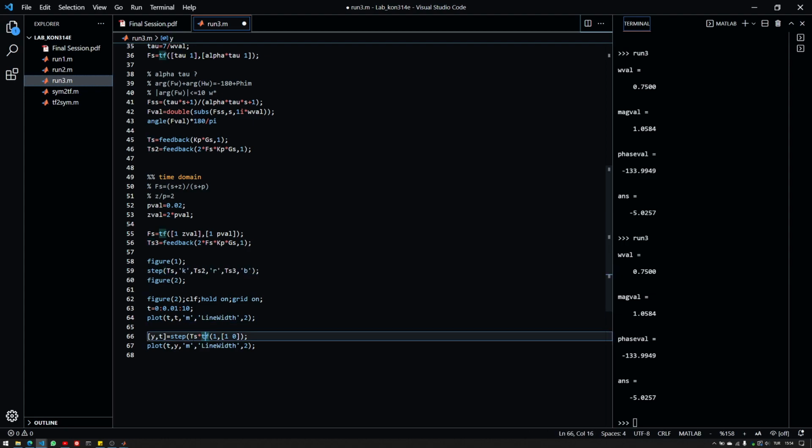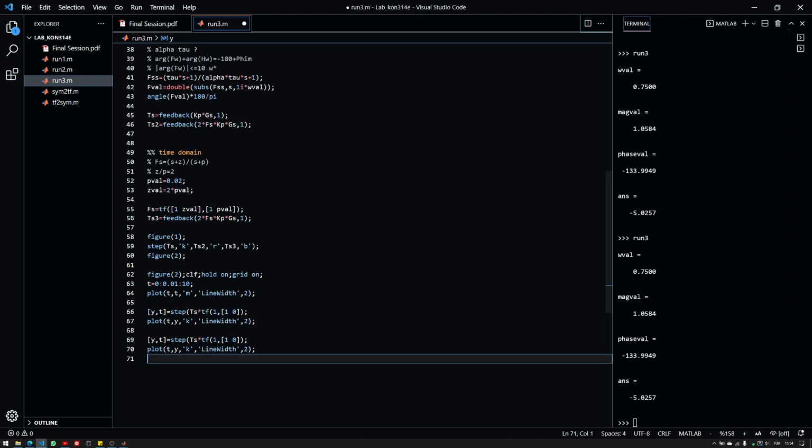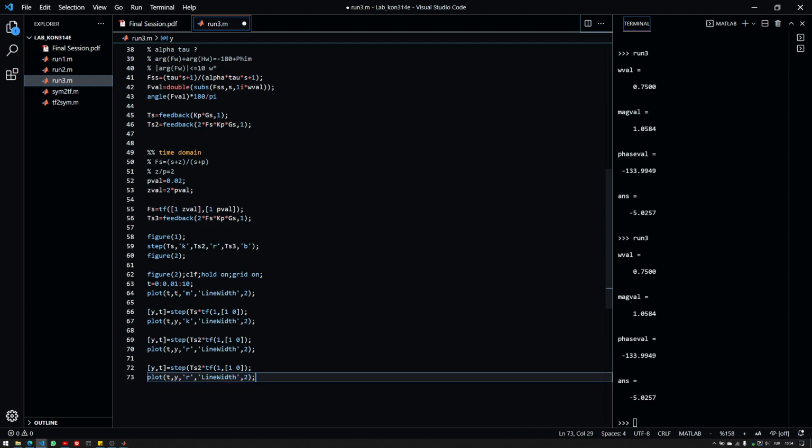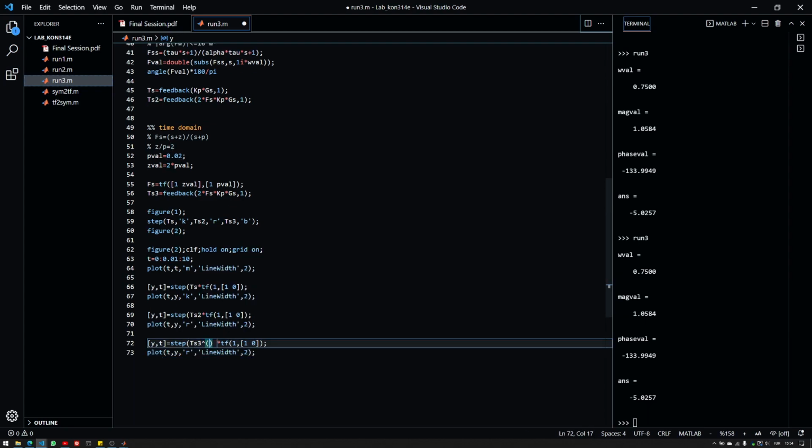Let's use it with black, and then ts2 for red for the frequency domain, ts3 for blue for the time domain.